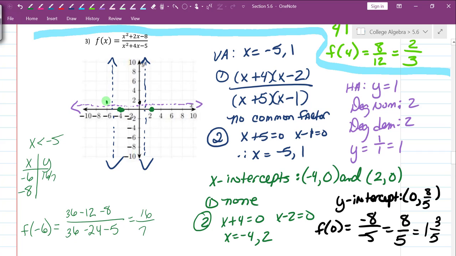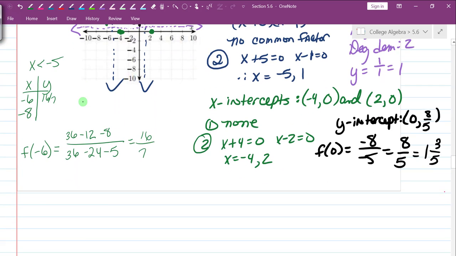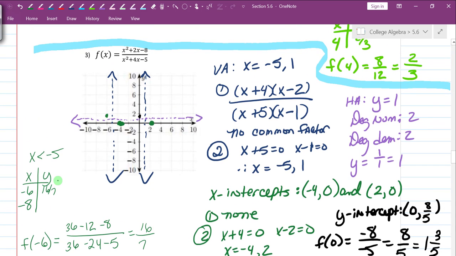Okay. And then the next thing I need to do is evaluate at negative 8. And that probably is going to be way down in here, but we'll go ahead and do the math to make sure. So f of negative 8. So negative 8 squared is going to be 64.